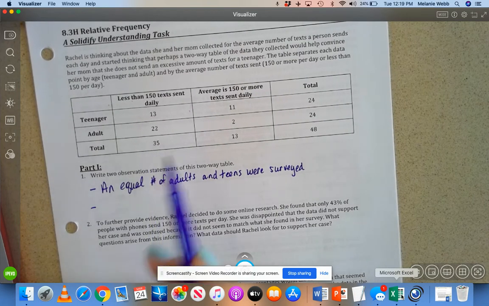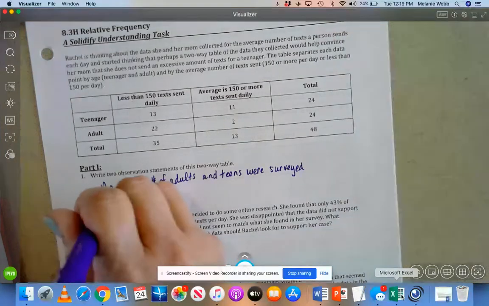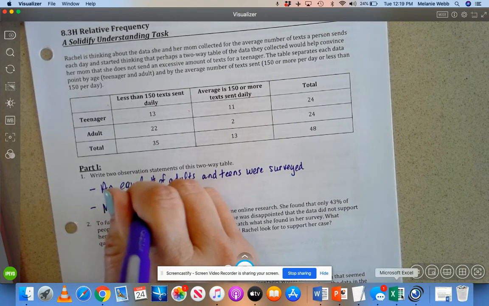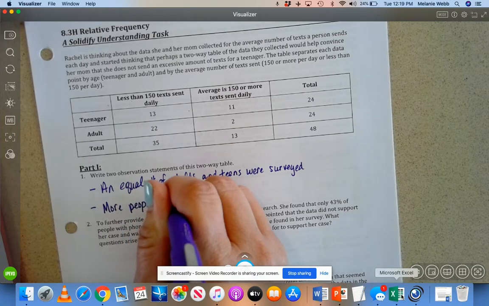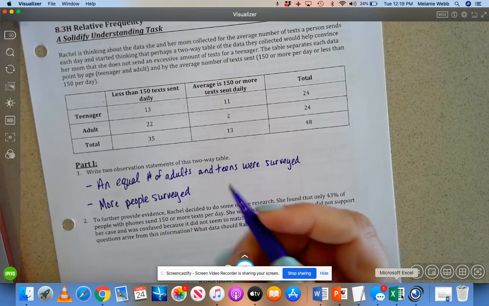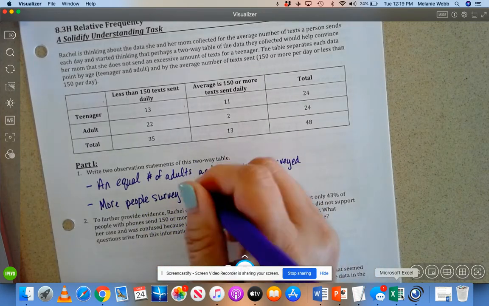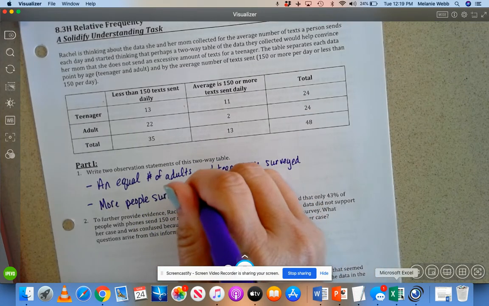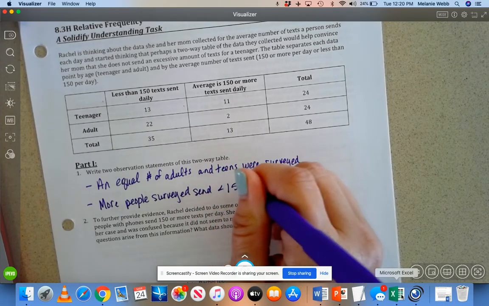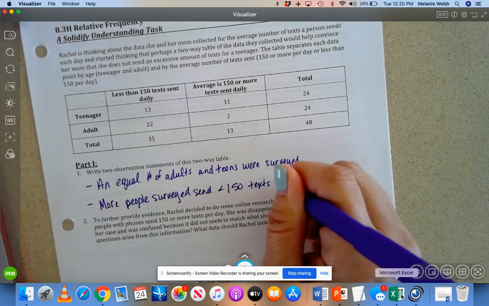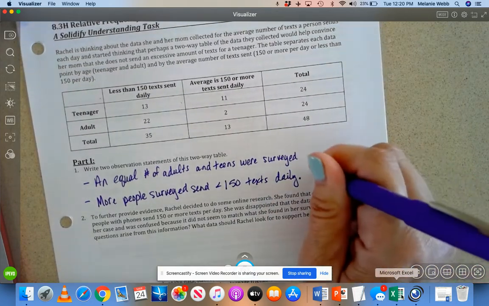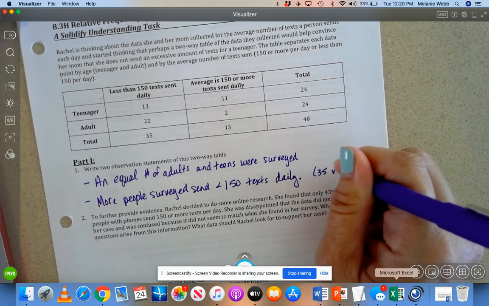So I could put an observation of that. More people surveyed, at least this may not be true about all people, but just the people that were surveyed, send less than 150 texts daily, right? It's like 35 versus 13.